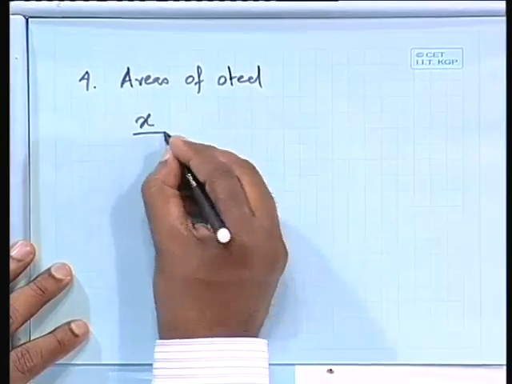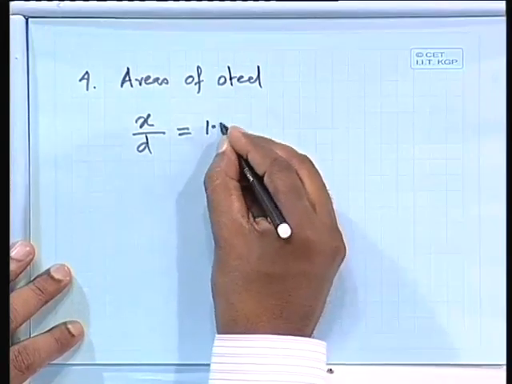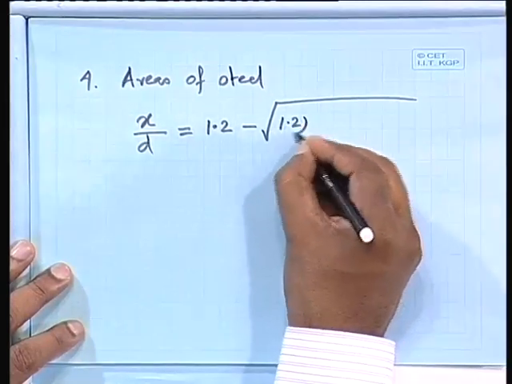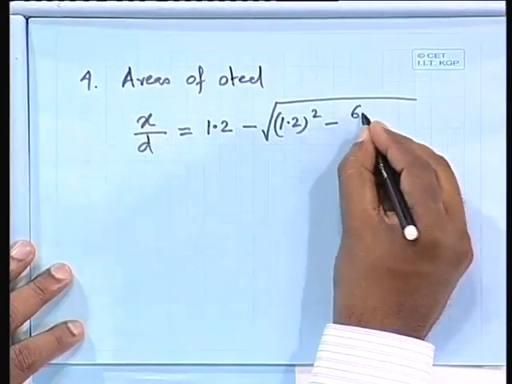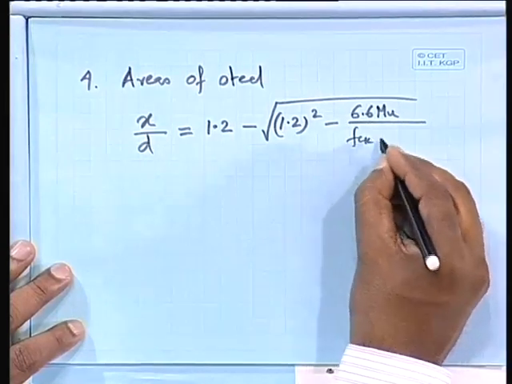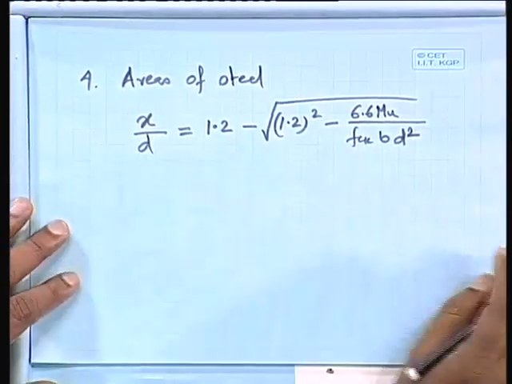We shall use this formula now: x by d equals 1.2 minus the root over (1.2 whole square minus 6.6 Mu divided by fck b d square). If we know d and b, we can find out x by d.